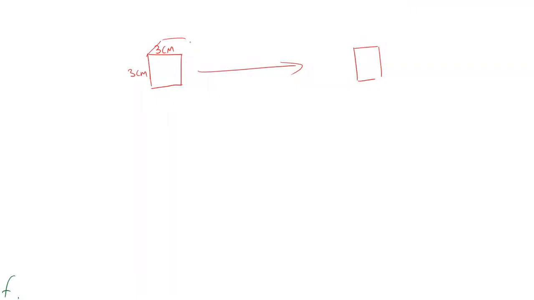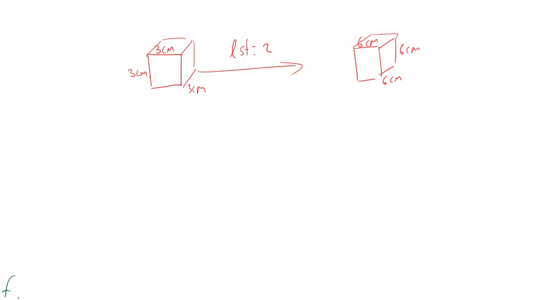We'll start off with a cube that is 3 centimeters by 3 centimeters by 3 centimeters, and we're going to increase it with a linear scale factor of 2. So that means we're going to have 6 centimeters by 6 centimeters by 6 centimeters.